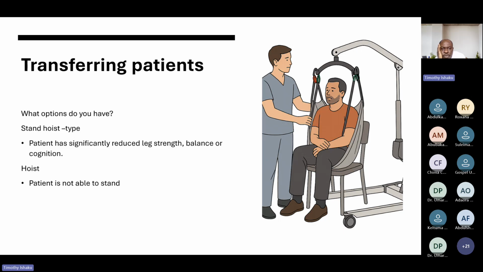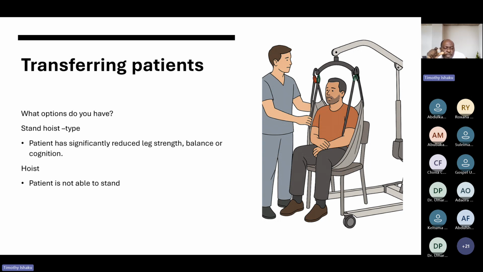We have the standing hoist, which is the one in the picture, where you can use it either in your outpatient clinic, or patients can use it in their house, if they can afford it. You can use it in the ward. A ward doesn't necessarily have to have a hoist for every ward, but you can if you have the finances to do it.